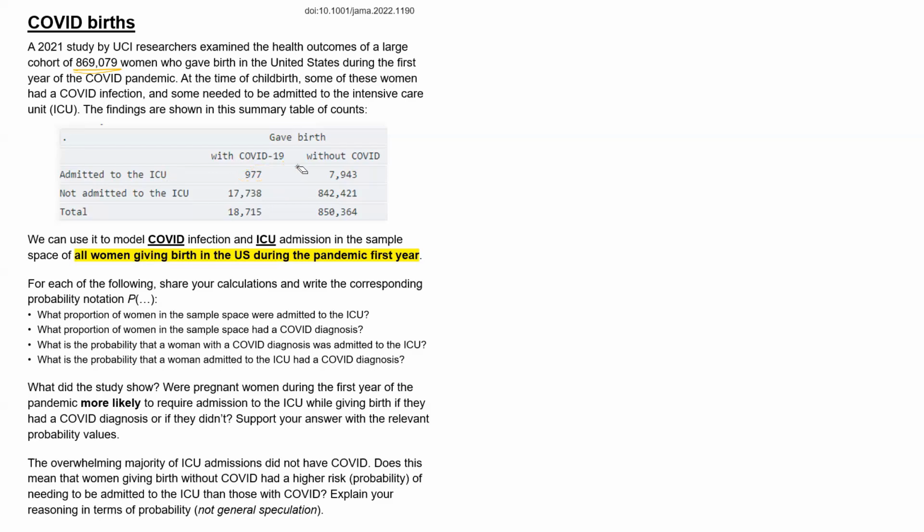For instance, we can ask what proportion of women in the sample space were admitted to the ICU. So that means here, regardless of COVID status, so it's a marginal proportion or marginal probability, just probability of ICU. And this is going to be computed by calculating the total number of women admitted to the ICU.